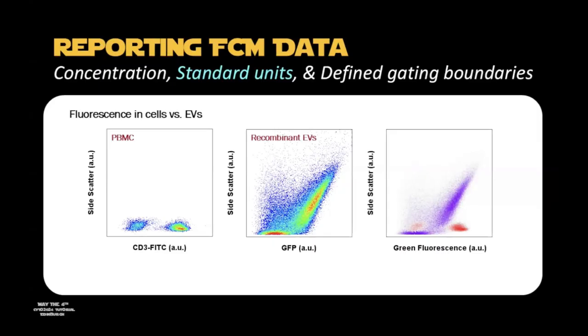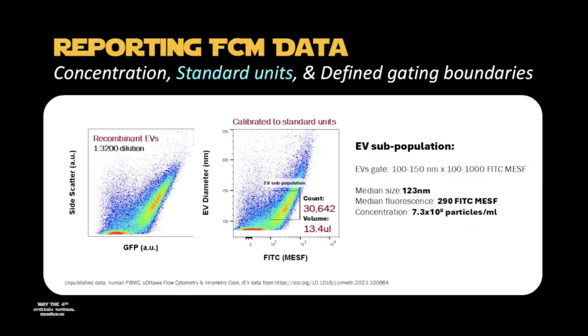But what you will be able to do, though, is if you were to convert things into molecules of equivalent fluorophores, you will now know that it's not arbitrary and that you are actually dealing with very few copies on EVs.